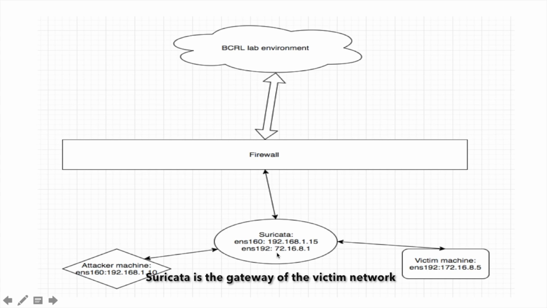It has the IP address 172.16.8.1. To protect the BCRL lab environment, we created a firewall in between, to make sure that anything we do in our 612 final project lab environment does not affect the production environment of the BCRL lab.